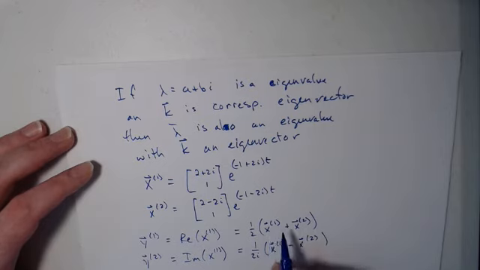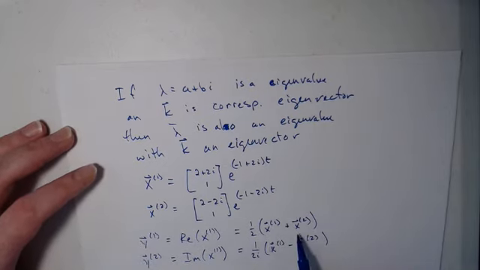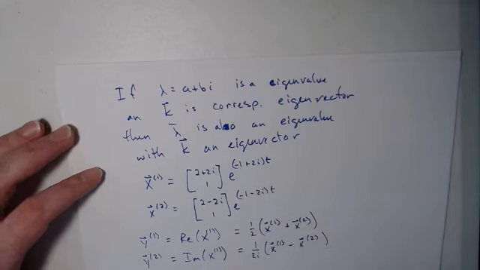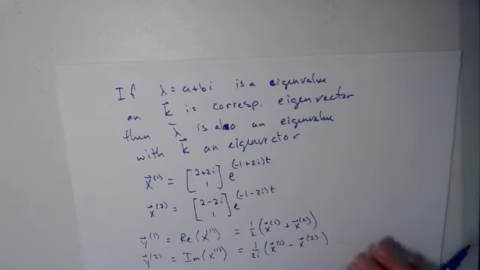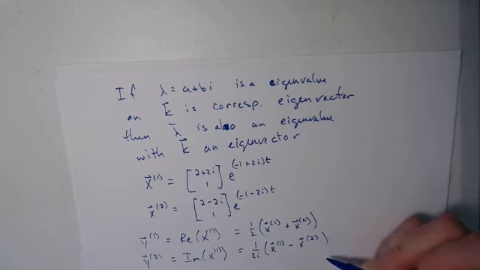So all I'm saying here is that this y1 and this y2 are a linear combination of this x1 and this x2. Now I don't have it all written out for you so that you can verify that yet, but we're going to see how that works out in just a second.